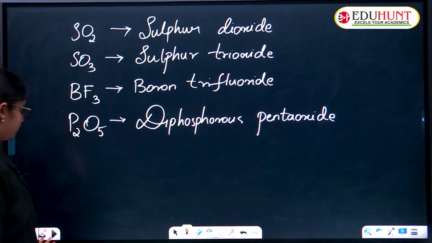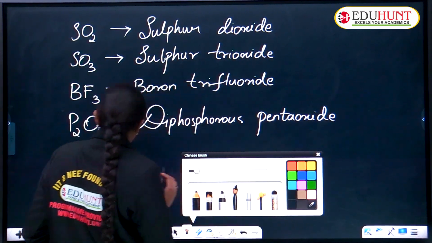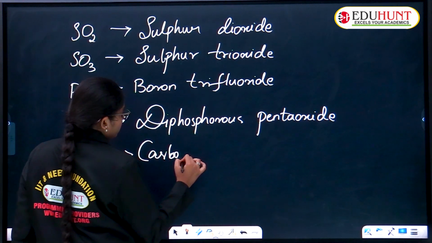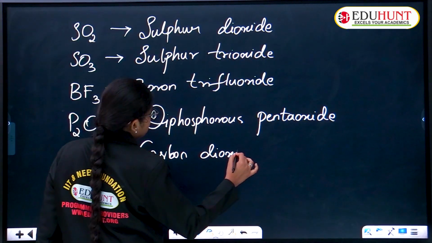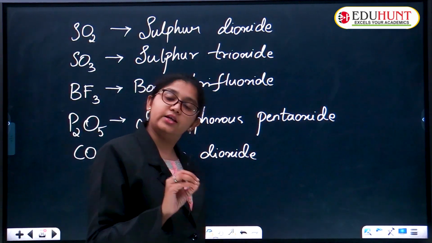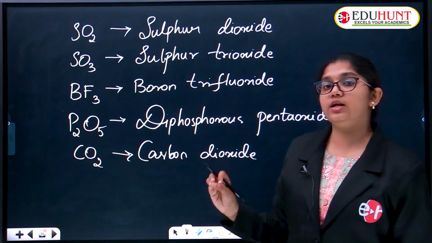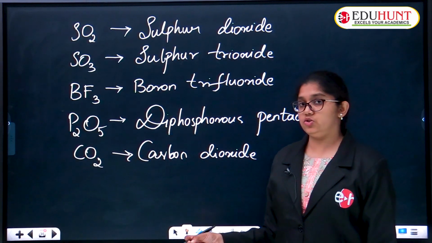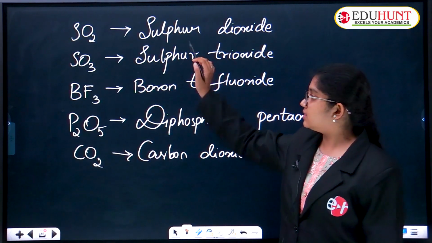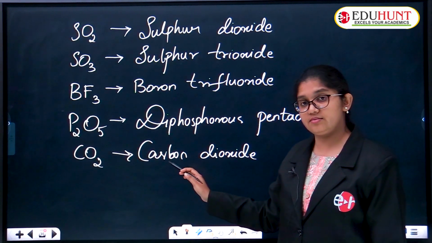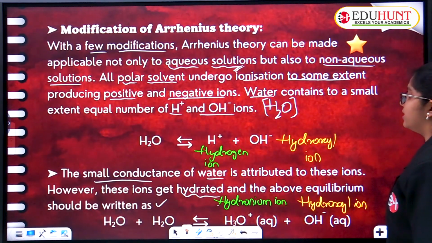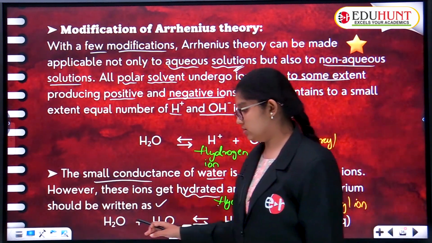CO2 means carbon dioxide. All these substances, we know, do not have a hydrogen atom, hence they will not liberate hydrogen ion in the aqueous solution. So in that case, according to Arrhenius, these have some drawbacks. But the modification is like this, where they are adding two molecules of water.